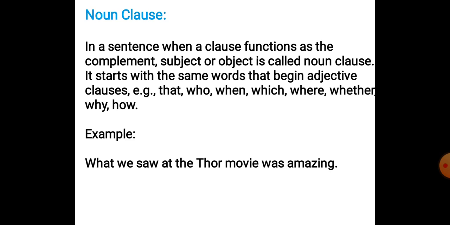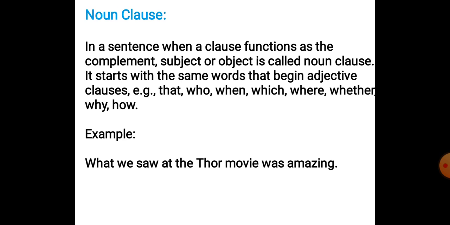Now moving to the next one, noun clause. Okay, now noun clause जो है that functions as a noun, simply that does the work of a noun in a sentence. So in a sentence, when the clause functions as the complement or subject or object, the noun clause can function as the complement, as the subject, as the object of a preposition, as the subjective complement also.